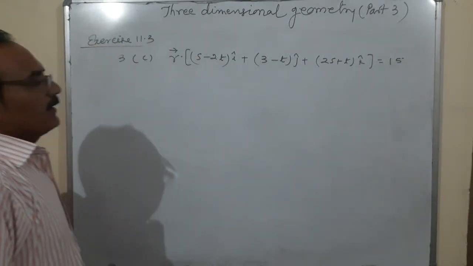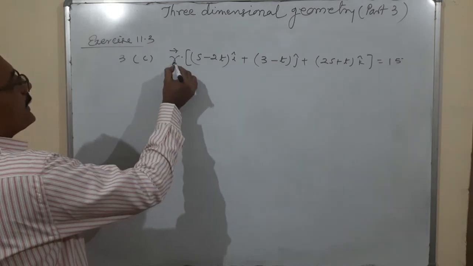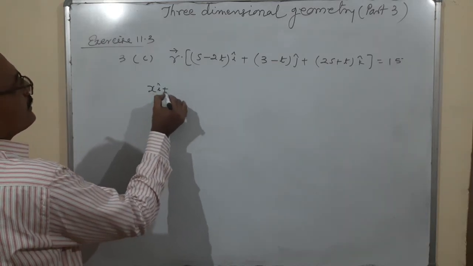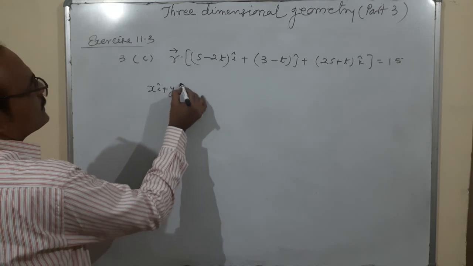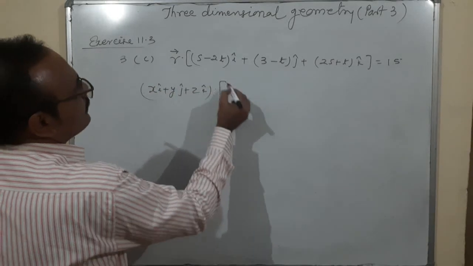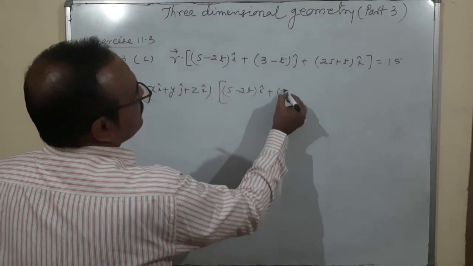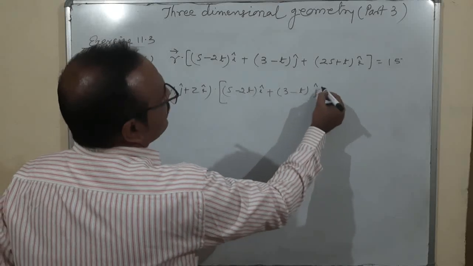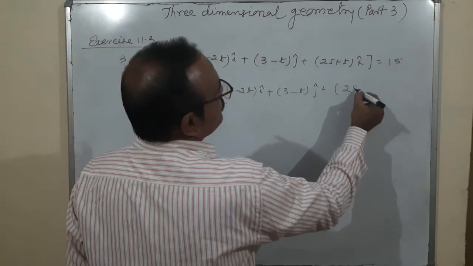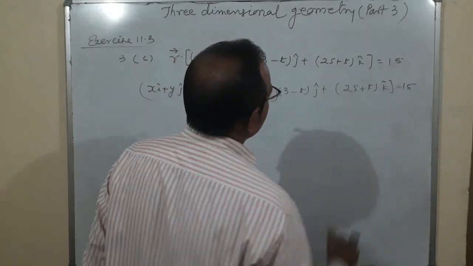Okay. Now we are going to convert into the Cartesian form. This is r equal to xi plus yj plus zk dot (s minus 2t)i, (3 minus t)j and (2s plus t)k is equal to 15.